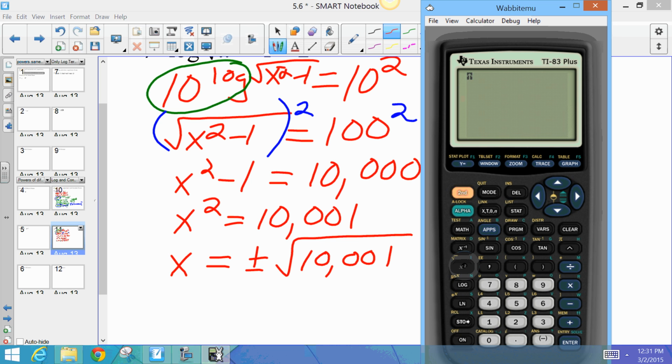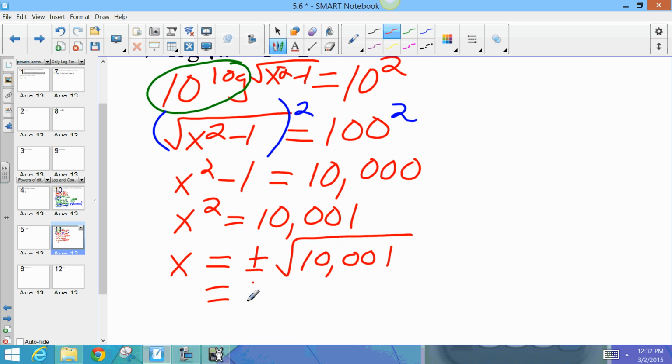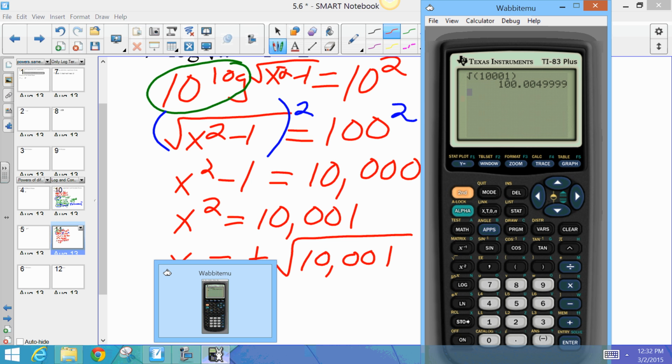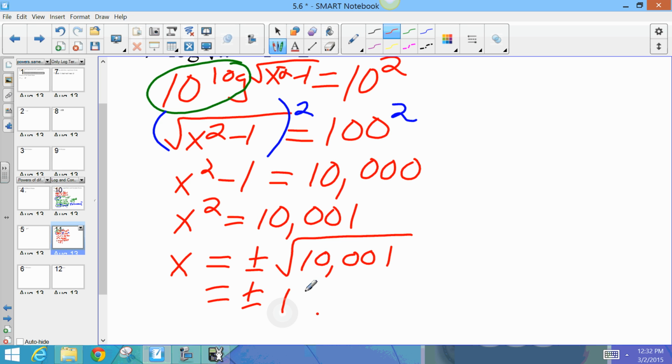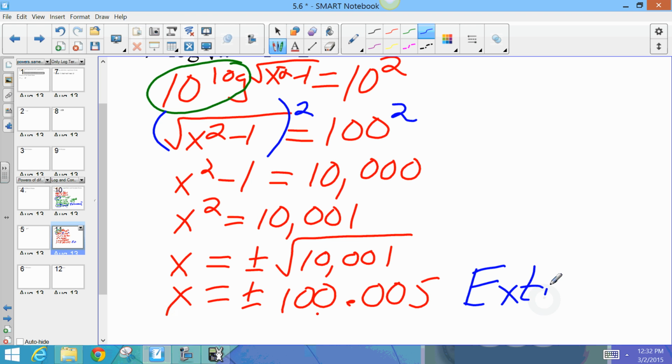The square root of 10,001, rounded to 4 places after the decimal, is approximately 100.005. Alright, so I need to check for extraneous solutions.